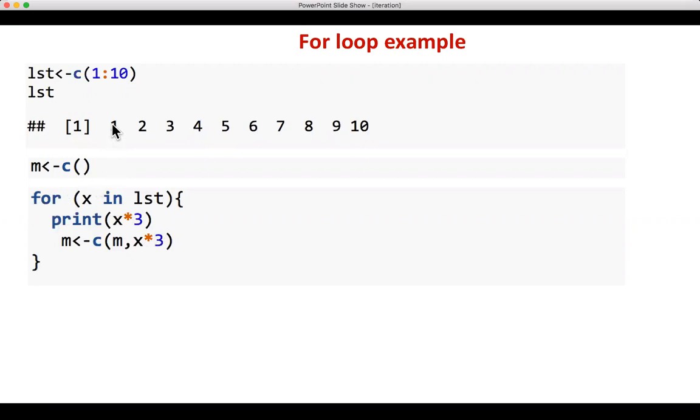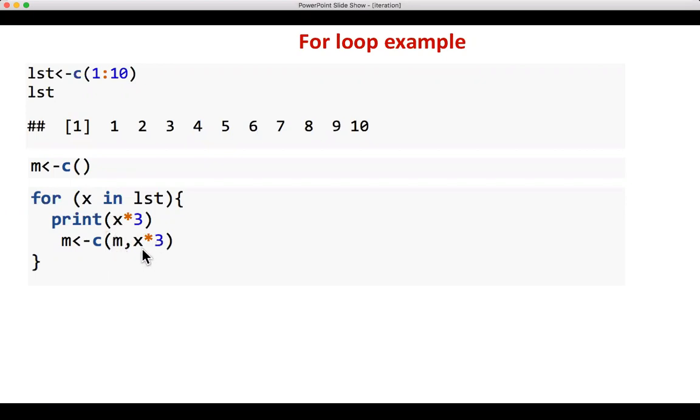So once we are done with 1, the for loop will shift to the second element. The second element, x multiplied by 3, is 6. And here we are again saying create a vector which is the existing values of m. Now m has 3, because 1 multiplied by 3 in our previous round, and then 6.